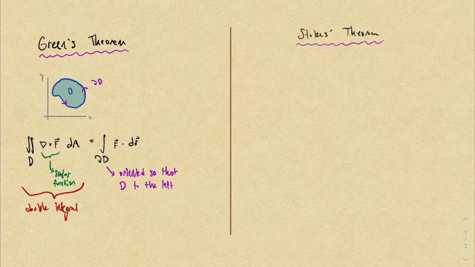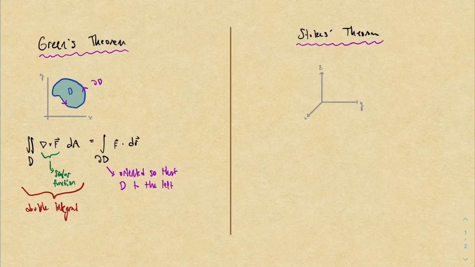To get Stokes' theorem, we take this situation in 2 dimensions and just lift it up into 3 dimensions. So picture taking this blob D and just picking it up and letting it flop around in 3 dimensions. If you do that and you account for everything correctly, that gives you Stokes' theorem.